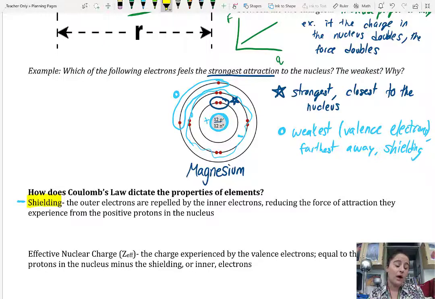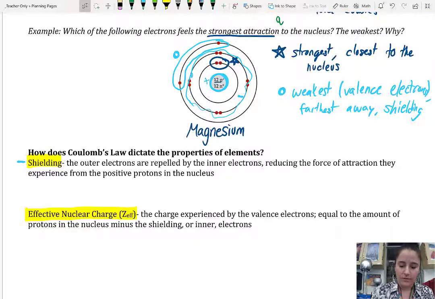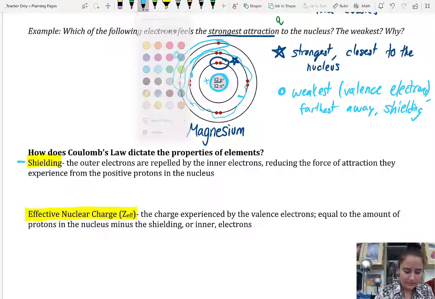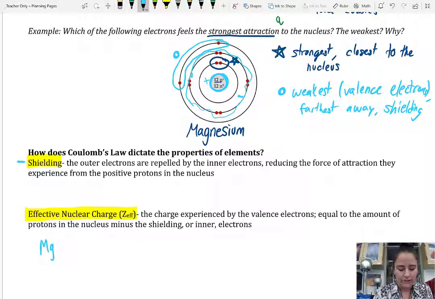And if we want to quantify that, we use something called effective nuclear charge. That is the charge experienced by the valence electrons. So, for example, magnesium's valence electrons, the ones that we circled earlier, experience a Z effective equal to the charge in the nucleus minus the inner electrons.